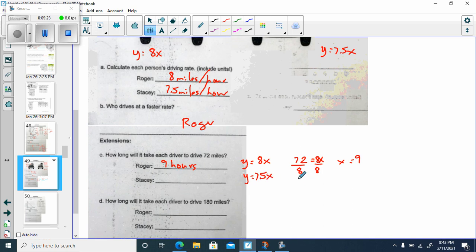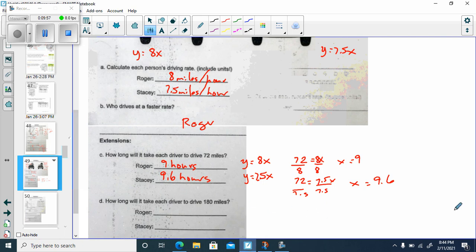The miles is the y, so 72 is equal to 7.5x. Divide both sides by 7.5. And x is equal to 72 divided by 7.5, which gives you 9.6. It would take Stacy 9.6 hours. That makes sense. It takes her longer because she's traveling at a slower speed.